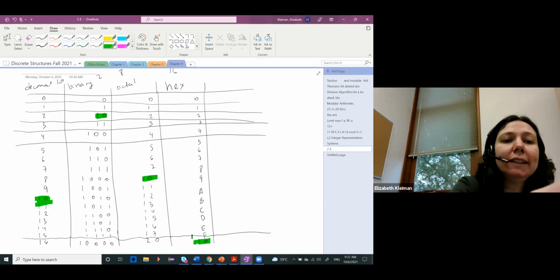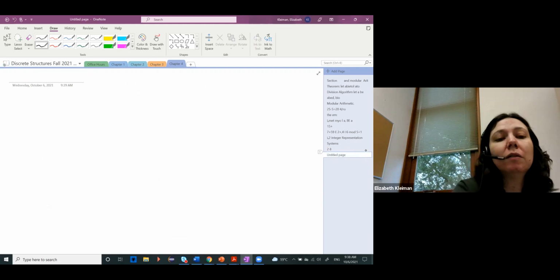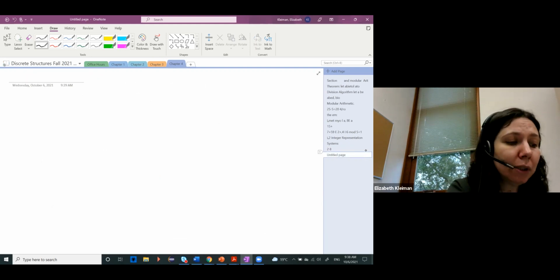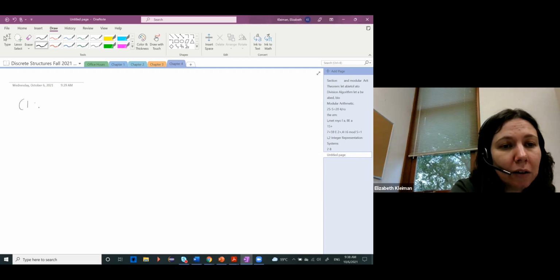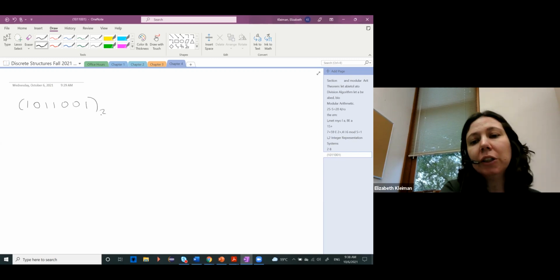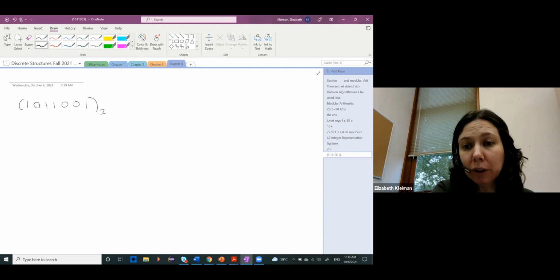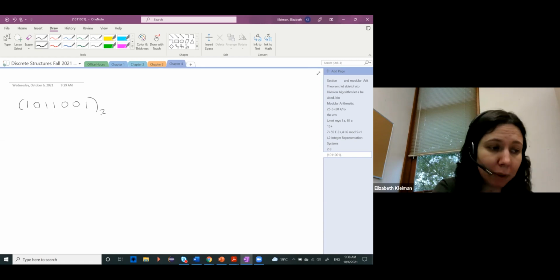So how do we distinguish between enumeration systems? Generally, when you write a number, we write down what enumeration system we use. In this case, I specified in parentheses 2, and 2 means binary. So this is a binary number.